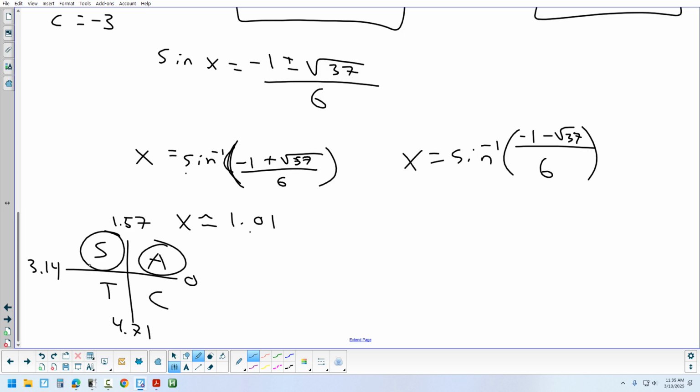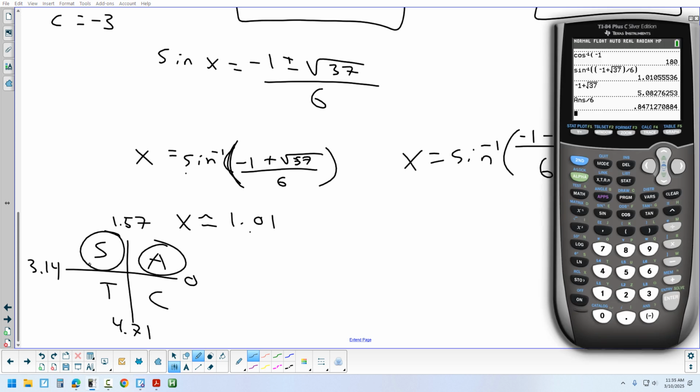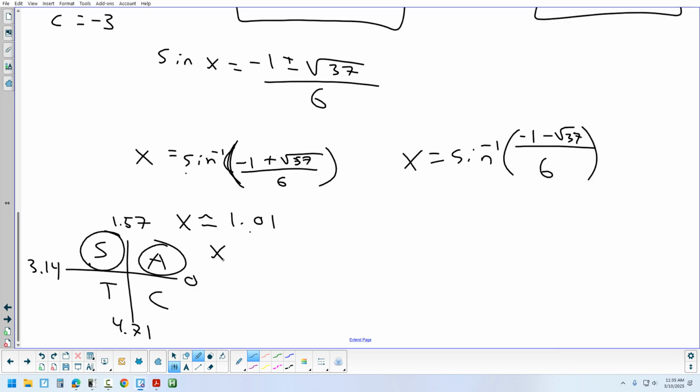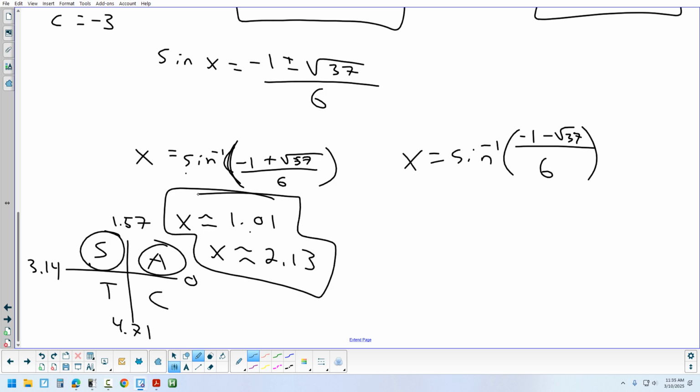What's my formula in this quadrant? Pi minus reference angle. Pi minus my reference angle. Yep. Because we're thinking in radians. So pi minus my reference angle, 2.13. There's my two answers from that one.